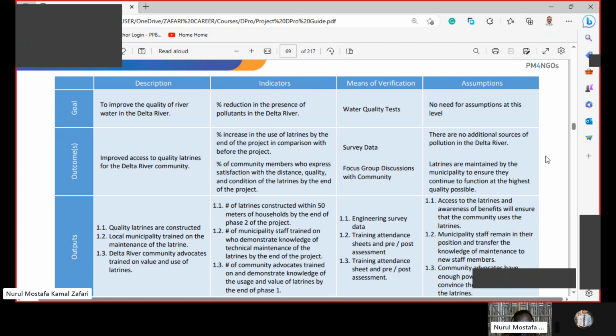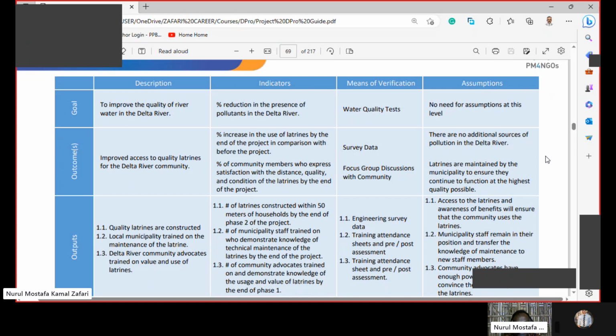We have also scope, meaning knowledge on usage and value of latrines. So we have a manual from where we can make a questionnaire and we can test that they got the knowledge. We have also training manuals, training signature sheets and other things.